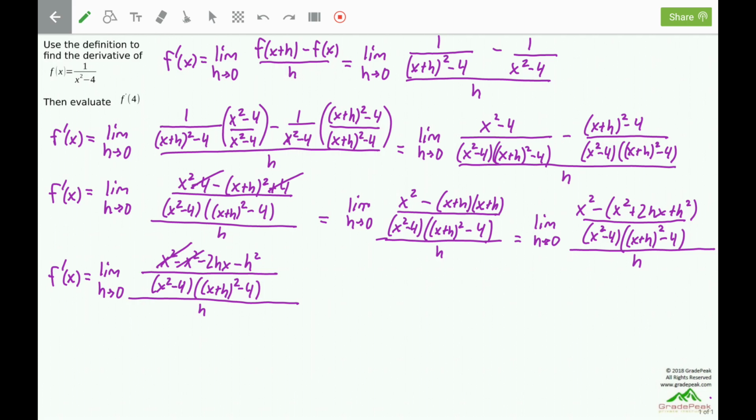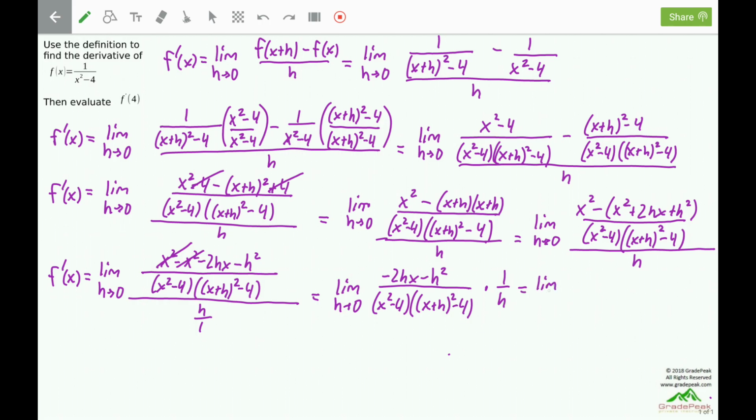Now, because we have a fraction in the numerator, we're going to need to take the denominator fraction, reciprocate it, and multiply it. Well, the denominator right now isn't a fraction, but it can be made a fraction by calling it h over 1. And now we can reciprocate and multiply. And we will have then negative 2hx negative h squared divided by x squared minus 4 times x plus h squared minus 4, and then this times 1 divided by h.